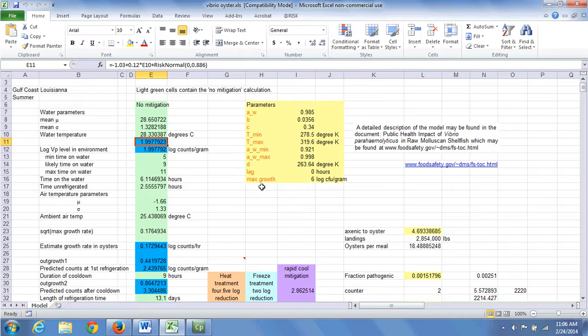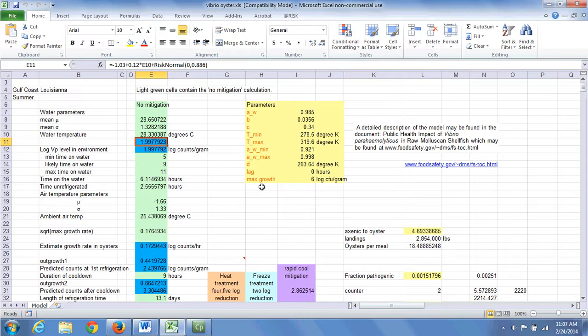How many Vibrio is this person going to eat? And this model is for an individual person. Depending on what the risk assessors might want, I might have a population model here where I'm looking at everyone eating all at once. In this case, this green column E is just giving me one person eating one meal.